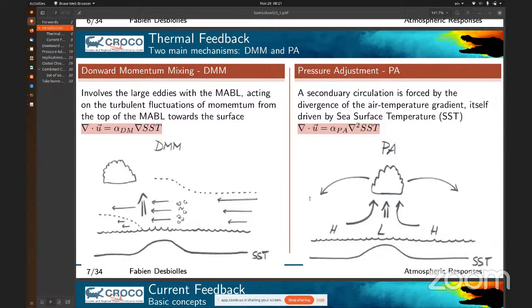The second mechanism is the pressure adjustment. It is a secondary circulation, which is forced by the divergence of the air temperature gradient, which is itself driven by the sea surface temperature. So here we have a warm eddy, and on the top of the eddy, the warm eddy tends to warm up the atmosphere a bit.